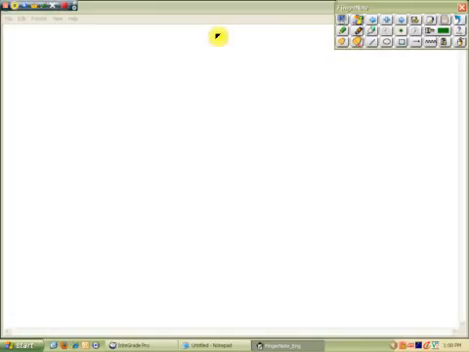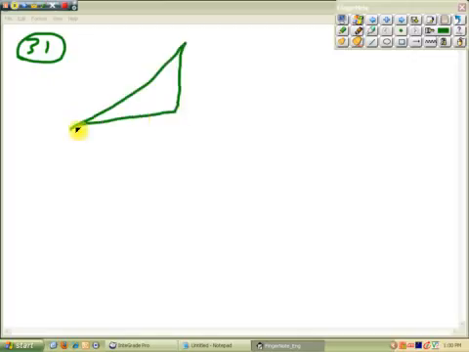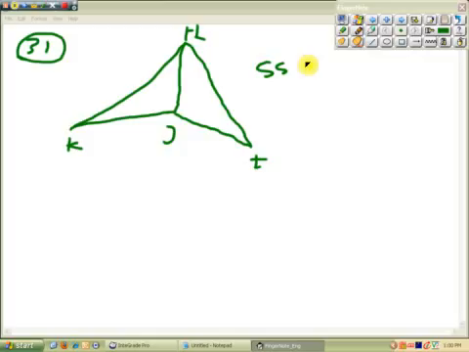For 31, they have a picture of two triangles together. H is here, J is here, I and K. They want you to tell us which parts need to be congruent so that we can use the side, side, side postulate.